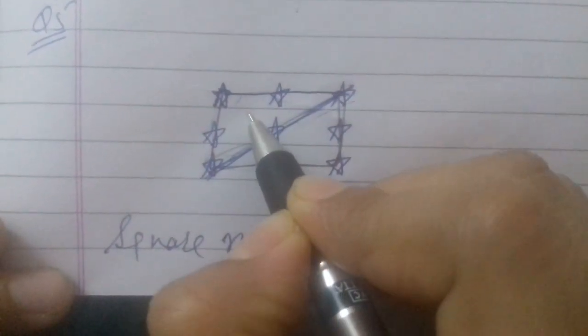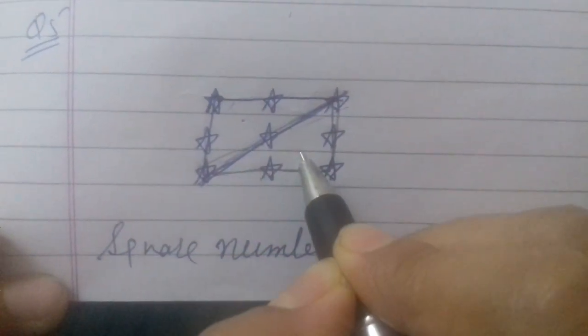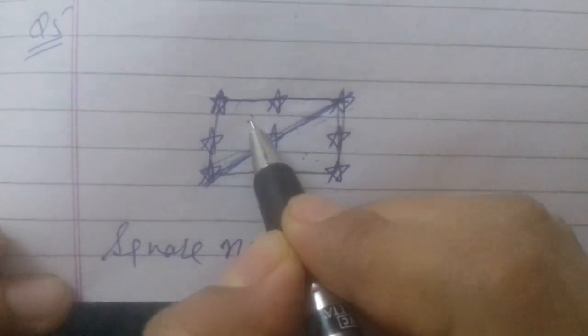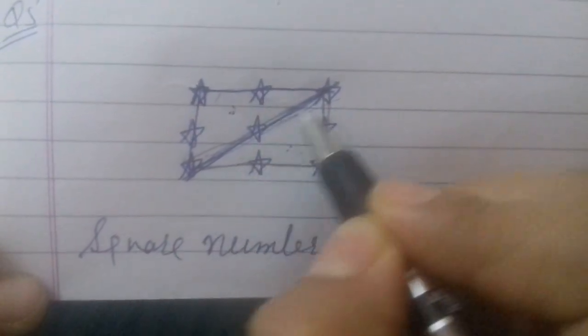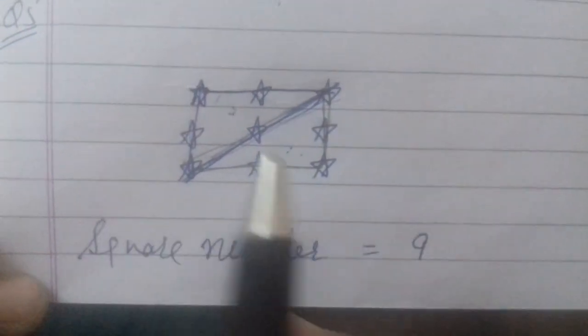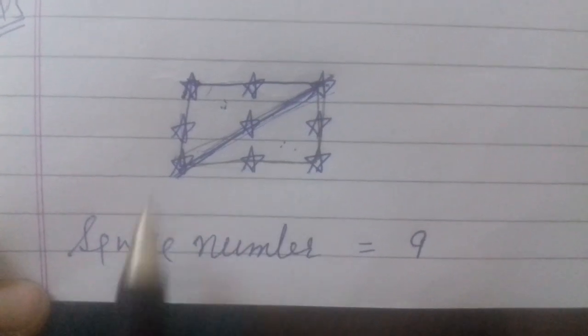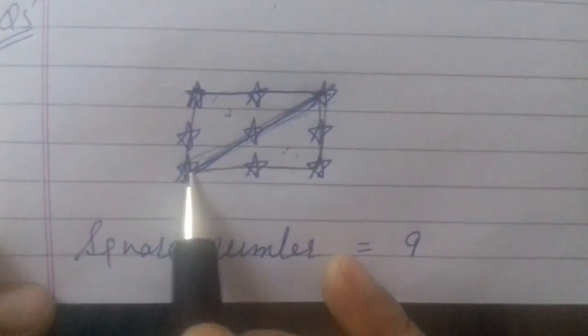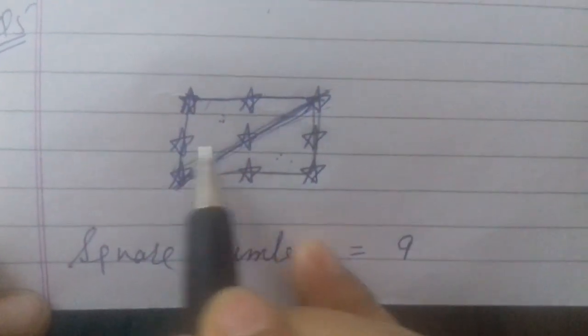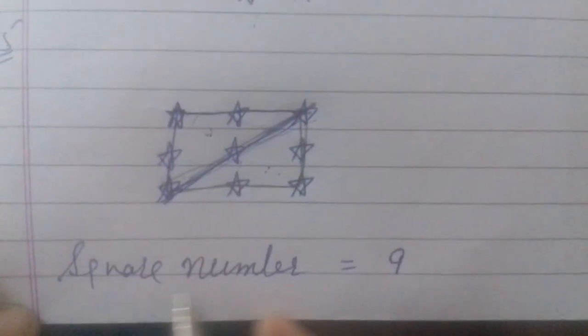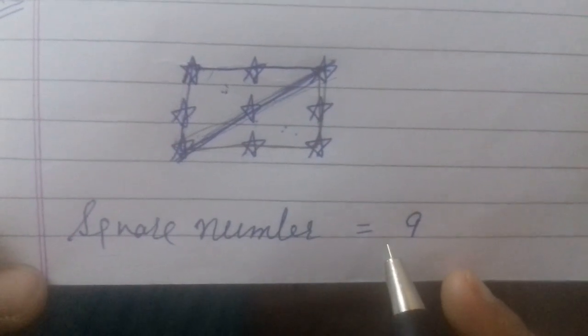So 6 triangular numbers this side, 6 triangular numbers this side, when you attach them and you join this opposite corner, what kind of number is obtained? Total how many stars are obtained? 1, 2, 3, 4, 5, 6, 7, 8 and 9. So which kind of number is obtained? It is a square number.